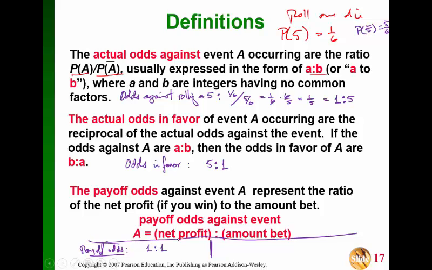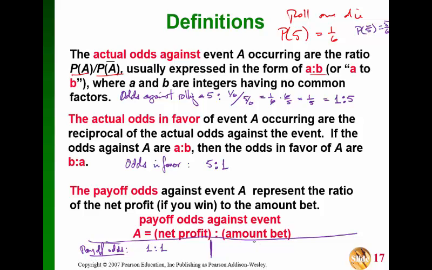If you play roulette and you bet on black or red, then the payoff odds for those are 1-1. That means if you put down 5 chips and you win, you're going to get 5 chips. It's a 1-1 ratio.